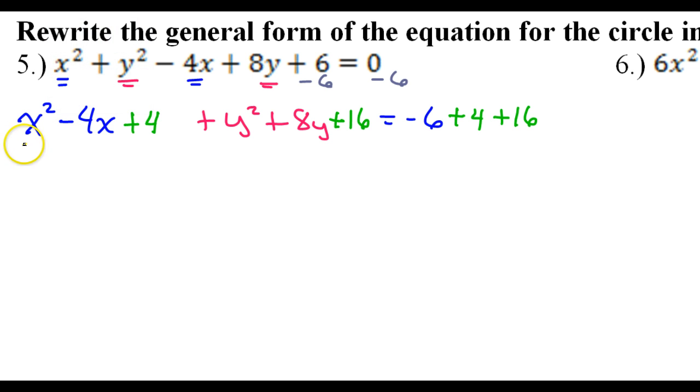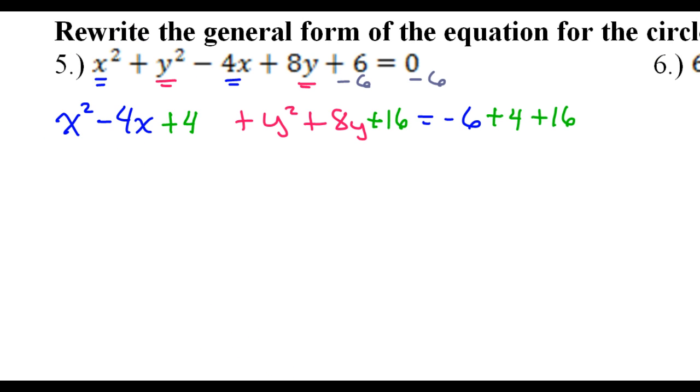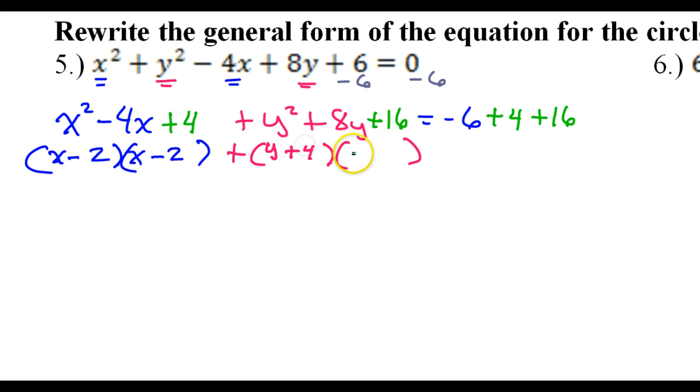So what happens is, if we do our jobs correctly, this will always factor as the same thing twice. The sign's going to come from right there. So it'll be x minus 2 times x minus 2, and this one is going to be y plus 4 times y plus 4.